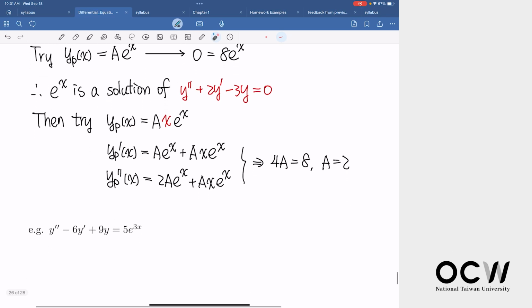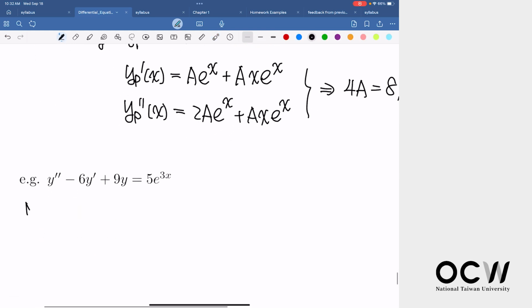Another case is here, I have exponential as our forcing function. So we guess my particular solution is also e to the 3x times a constant. But again, e to the 3x actually is the solution of the homogeneous equation.